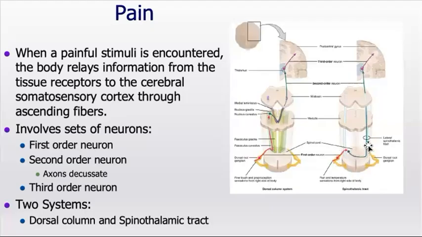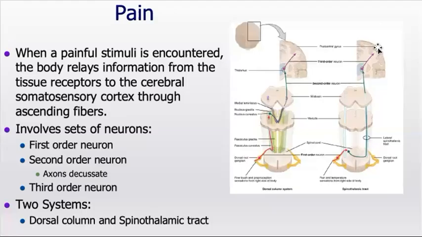It ascends through the spinothalamic tract. It goes through the midbrain. There's no synapse at the midbrain. And it enters into the thalamus where it synapses with that third order neuron. That third order neuron transmits that signal to the somatosensory cortex. And now, since it was our hand that we touched that painful stimulus on, it's going to send it to an area of the somatosensory homunculus that corresponds to the hand.